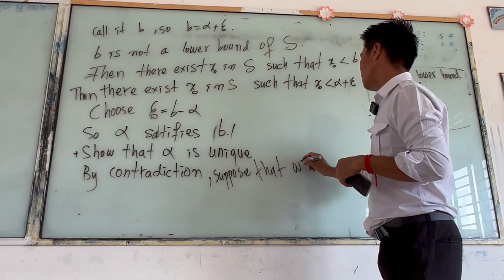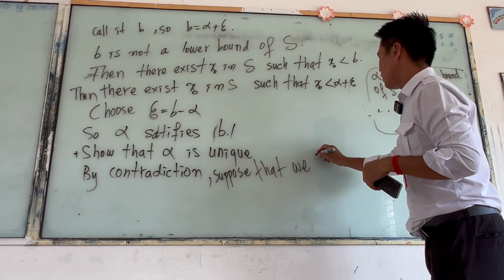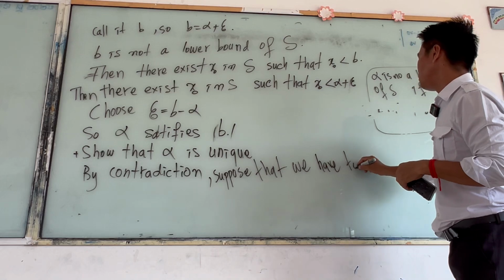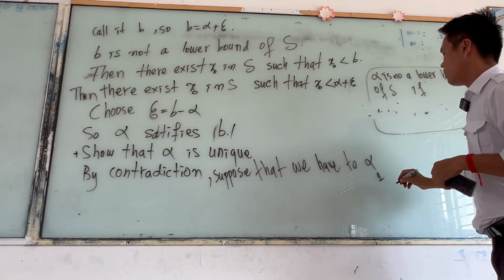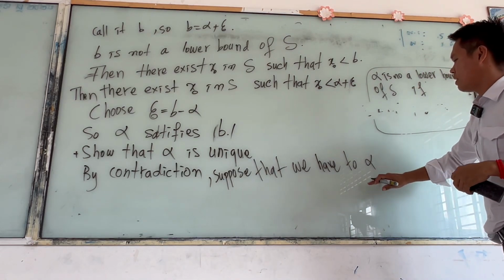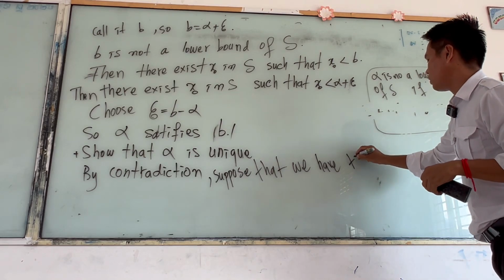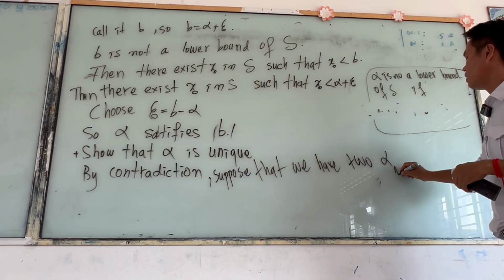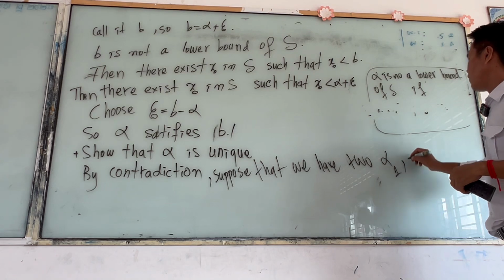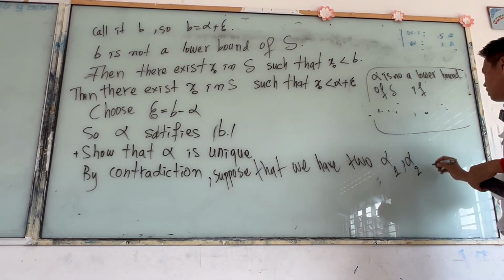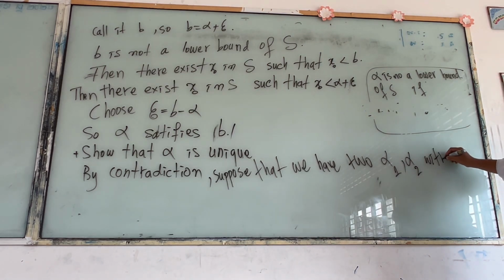Call them alpha 1 and alpha 2, with alpha 1 less than alpha 2.